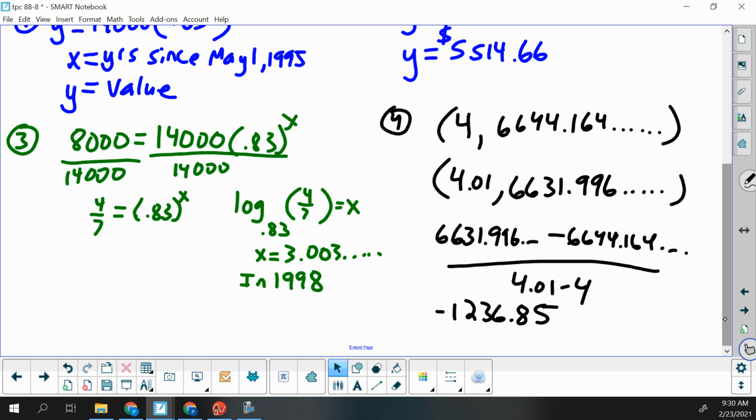So it's always your y units per your x units. Our y units, we had dollars. So it's dollars per, and the x units was years. So dollars per year. And just think about if your answer makes sense. Our price was decreasing, so it makes sense to get a negative rate.